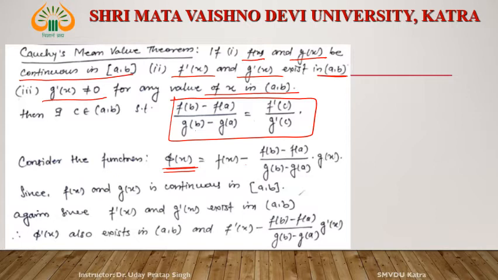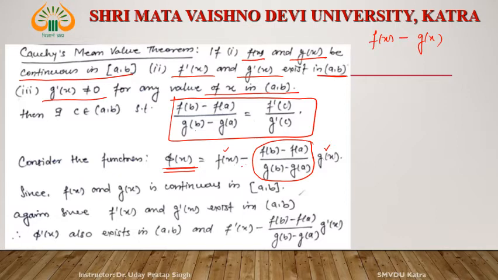Why? Phi(x) is continuous since the difference of two continuous functions is continuous, by the algebra of continuity. f(x) is continuous, this term is a constant, and g(x) is continuous.